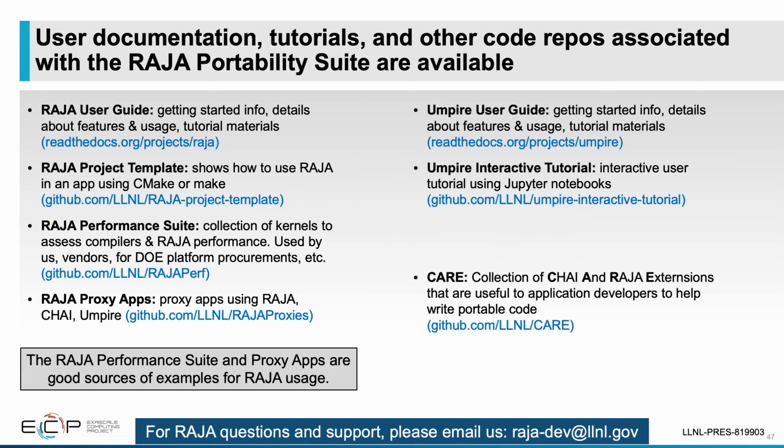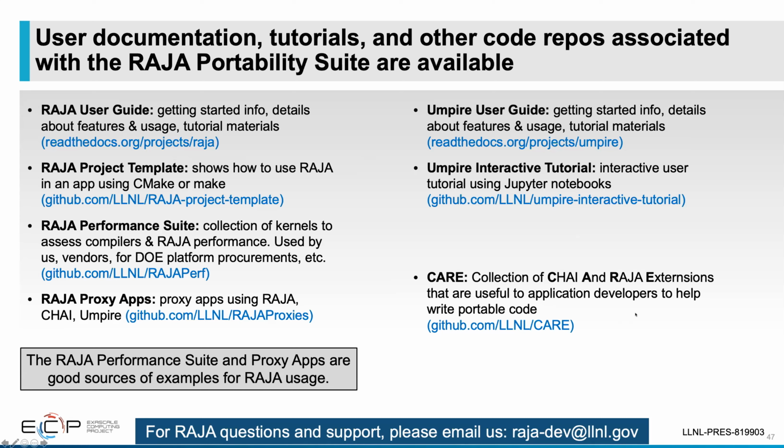And just some links to help people get started. There are user guides for RAJA and Umpire. There are templates available through GitHub. There's a performance suite that's also on GitHub. We have proxy apps. And then also just a small plug for CARE.